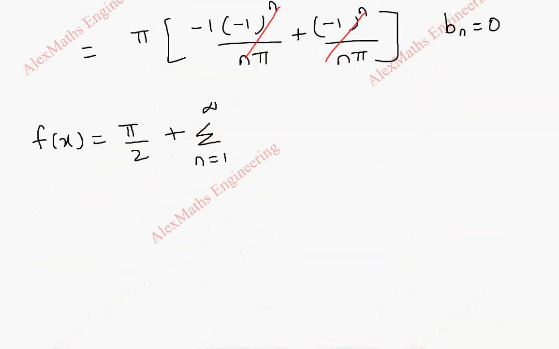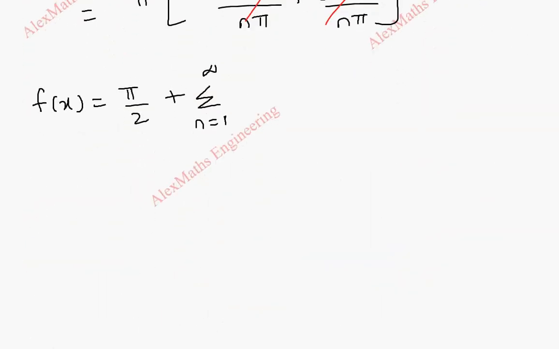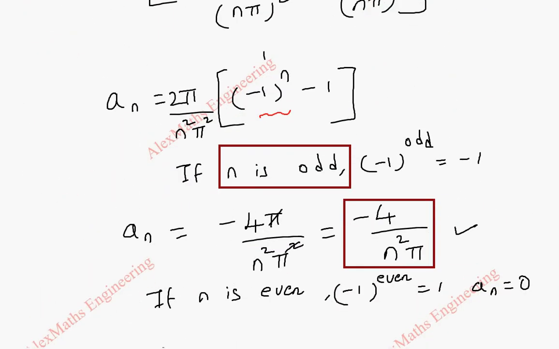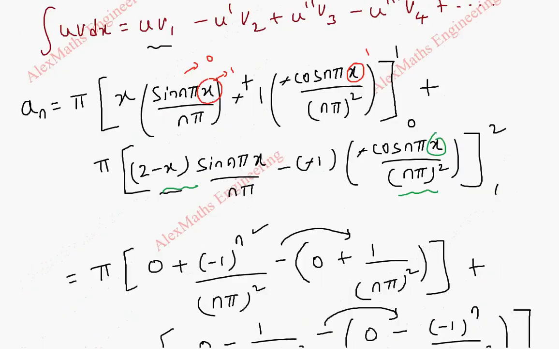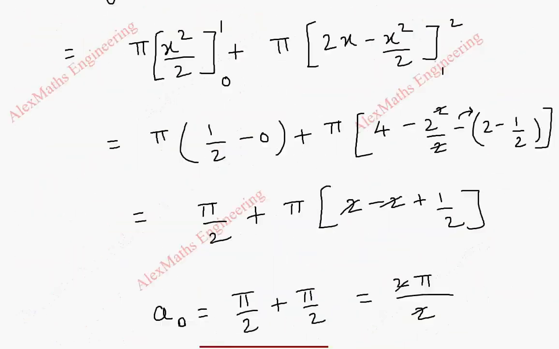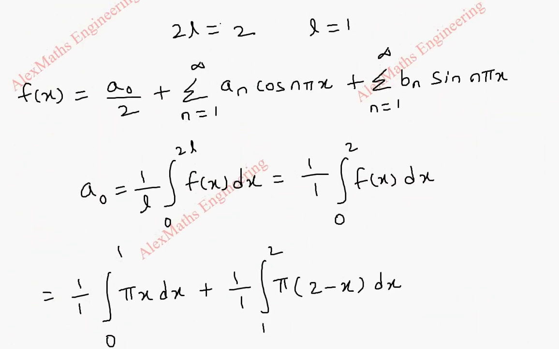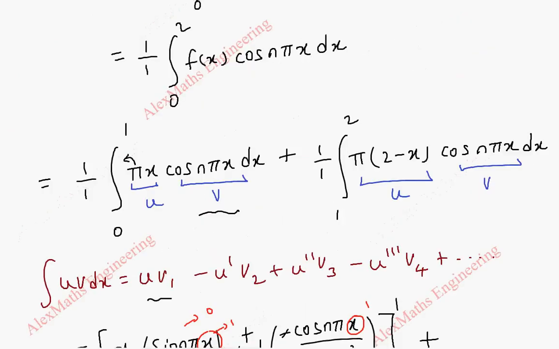So we have to write when n is equal to odd, it is minus 4 by n square pi. Let's check again. Minus 4 by n square pi, and the remaining term is in the formula cos n pi x.